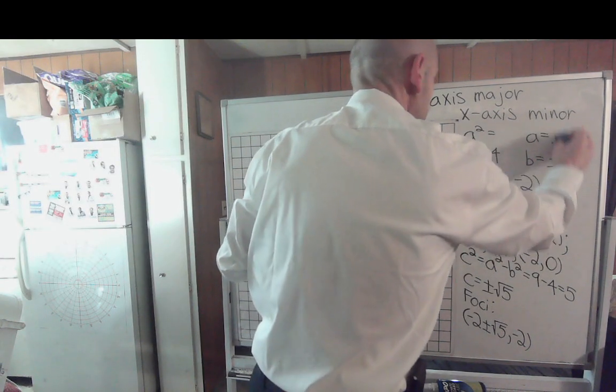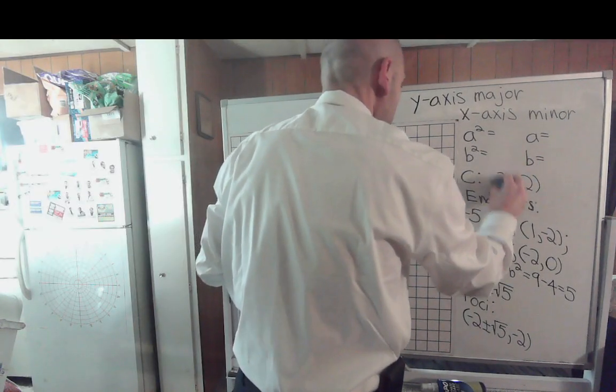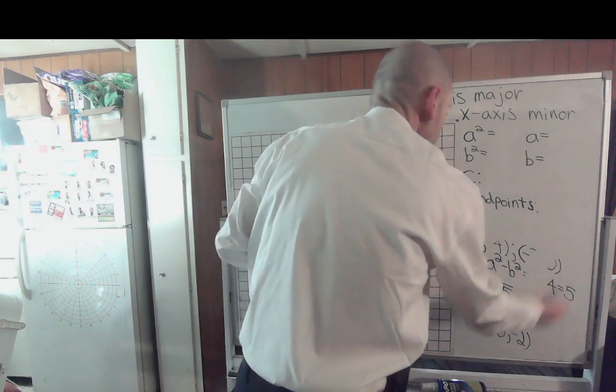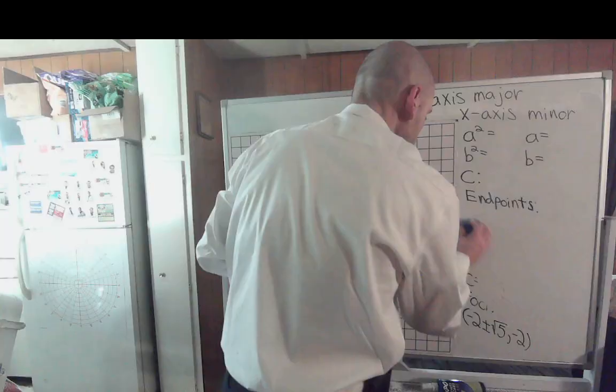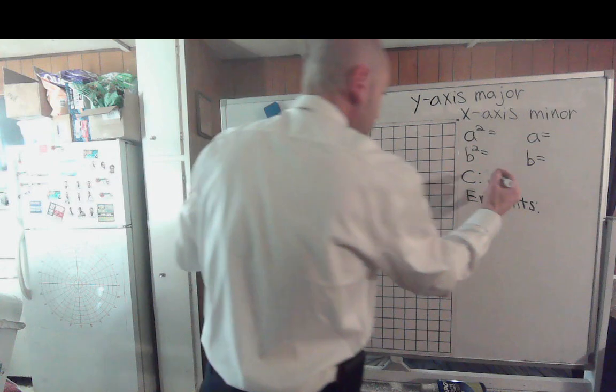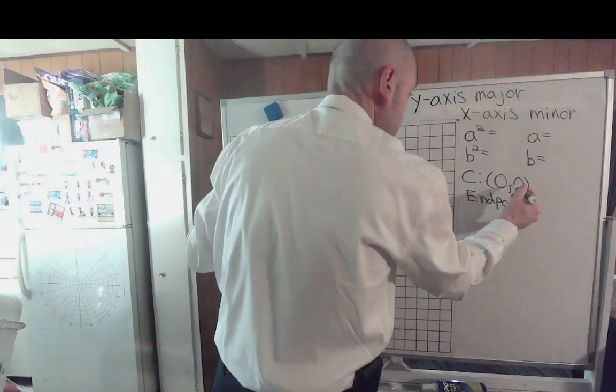But the process for how we go about finding stuff really isn't going to change all that much. So the center is going to be at the origin at 0, 0 for the next two at least.